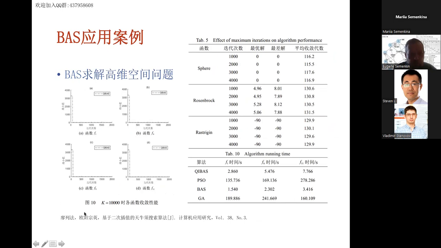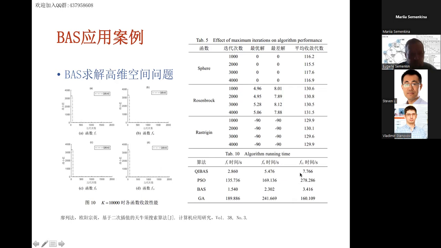Actually, in this example, they tested the application to solve an optimization problem in a 10,000 dimensional space, which is really big, but it is still quite powerful in finding the optimum.